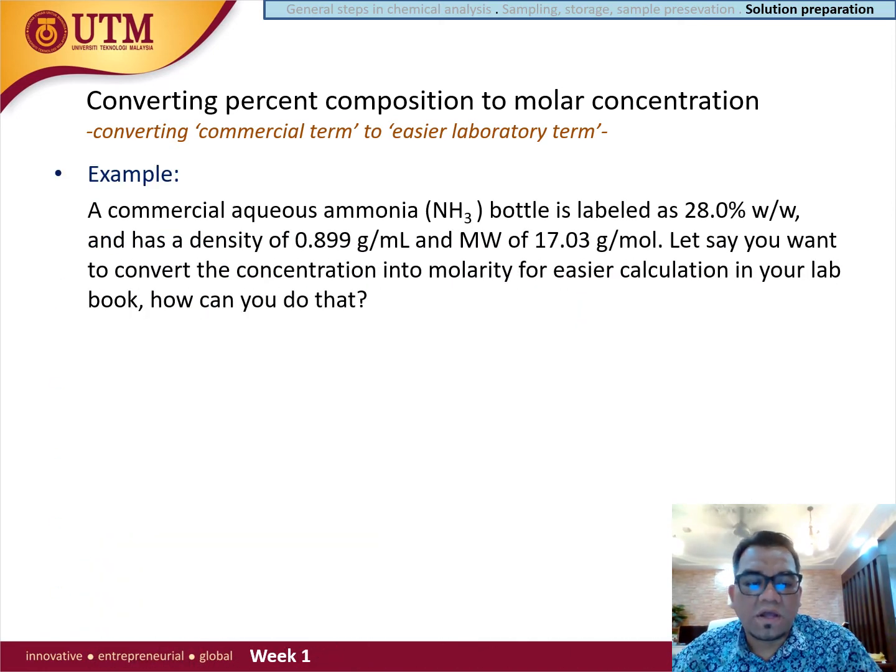For example, a commercial aqueous ammonia bottle is labeled as 28% weight by weight and has a density of 0.899 gram per milliliter and molecular weight of 17.03 gram per mole. Let's say you want to convert the concentration into molarity for easier calculation in your lab book.